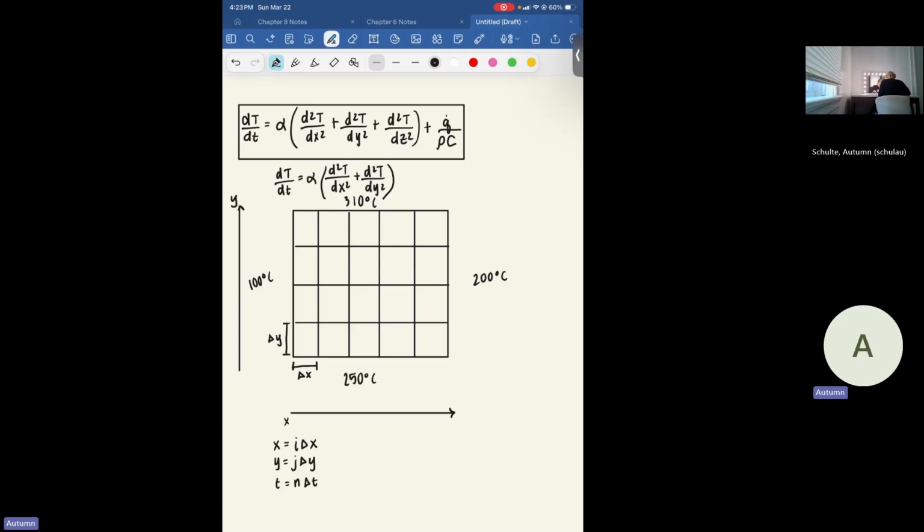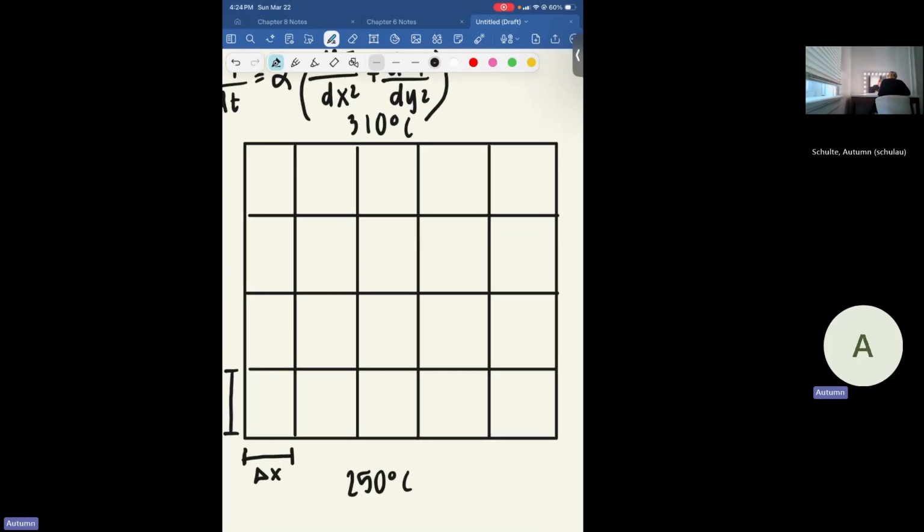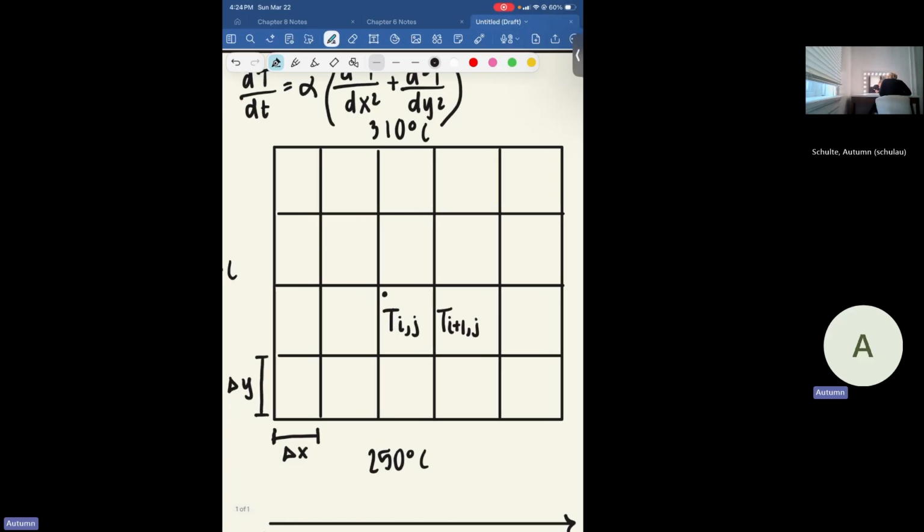And just like I said before, each one of these little squares has their own address. So we're going to have to model the different temperatures within each of these. So let's say that this block is going to be our starting position. We're going to have our temperature at our position i, j. If we move to the right of this, we're going to have a temperature at our position i plus 1 at our same vertical position j.